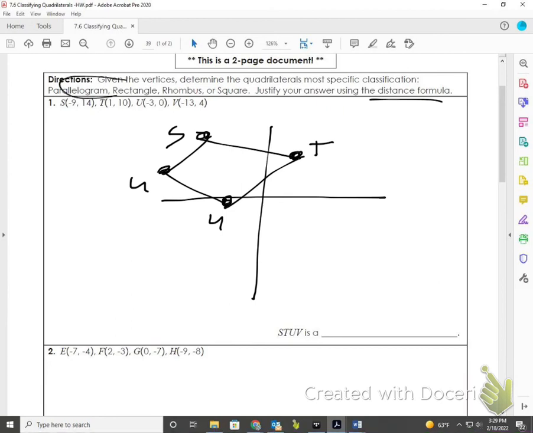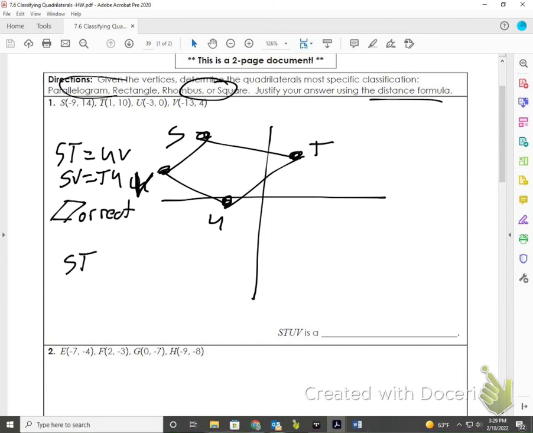one of these two, parallelogram or rectangle, or rhombus and square. If ST equals UV, this is V right here, and SV equals TU, then it's a parallelogram or a rectangle.